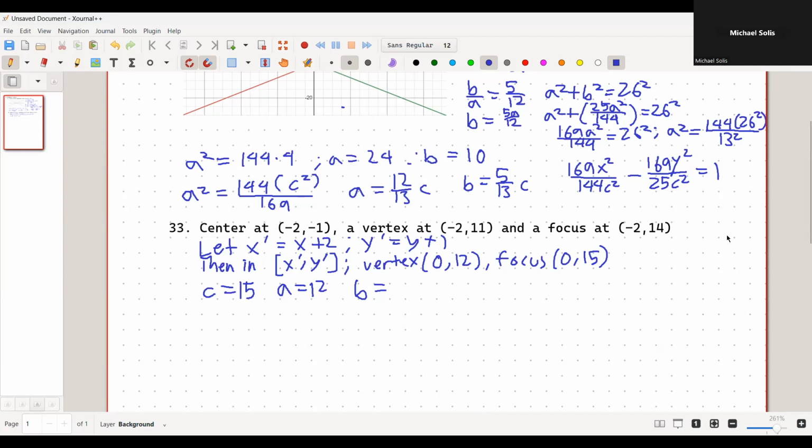Teka, ano yung relationship ng A, B, at C? Dapat yung Pythagorean theorem po. Oh, okay. So A squared plus B squared equals C squared. Wait a minute.